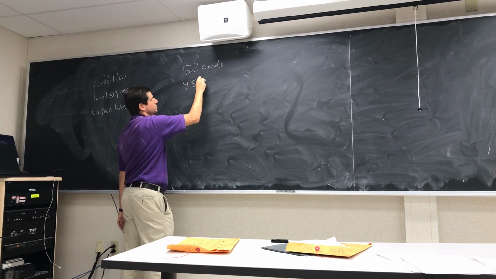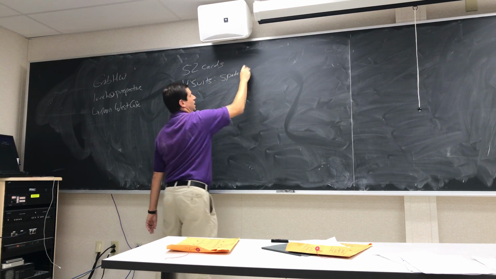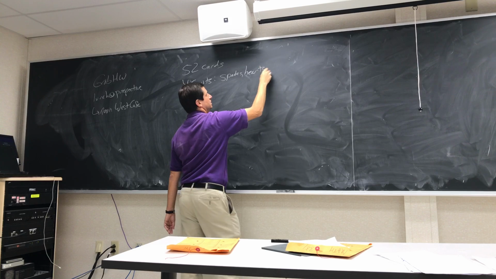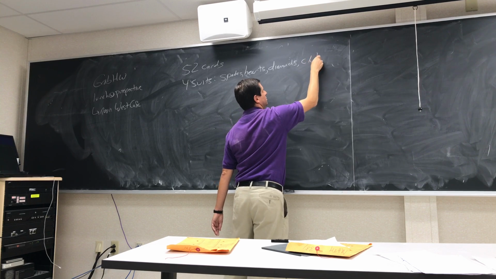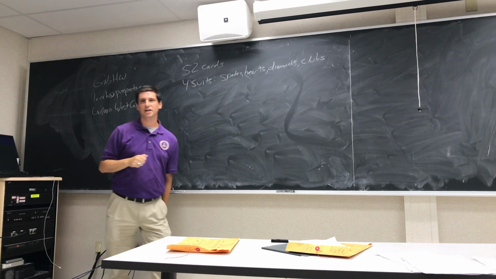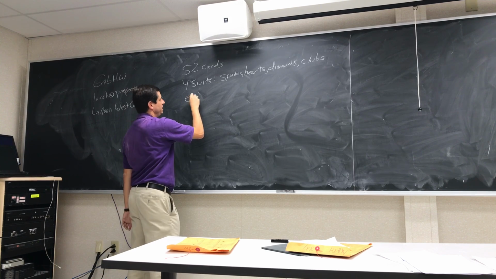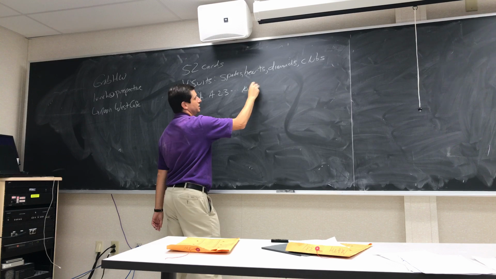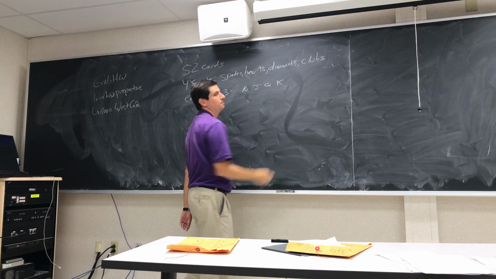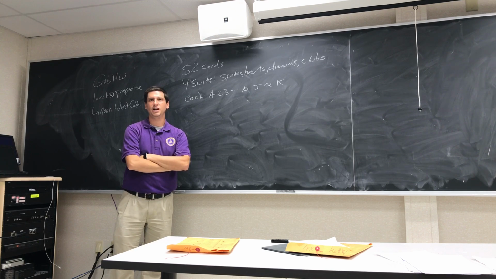You have 4 suits: spades, hearts, diamonds, and clubs. And for those of you who love to do LaTeX, there are LaTeX commands, of course, for all of these suits. Each goes from ace, deuce, 3 to 10, and jack, queen, king. Sometimes ace is allowed to be both high or low, but there's 13 cards.